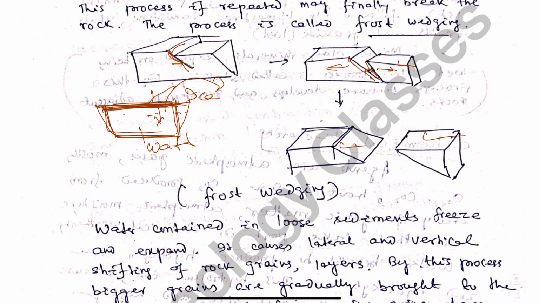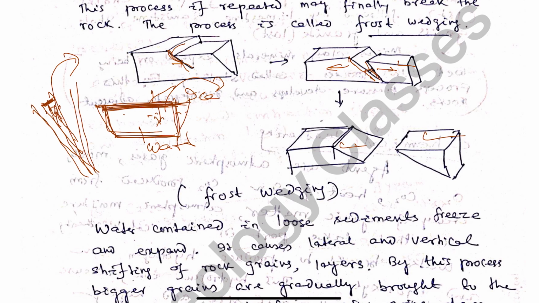A similar thing happens in the case of cracks. If a crack is filled up by water and freezing starts from the surface inwards, the water will not find the chance to come out, and under that condition, the crack will widen.